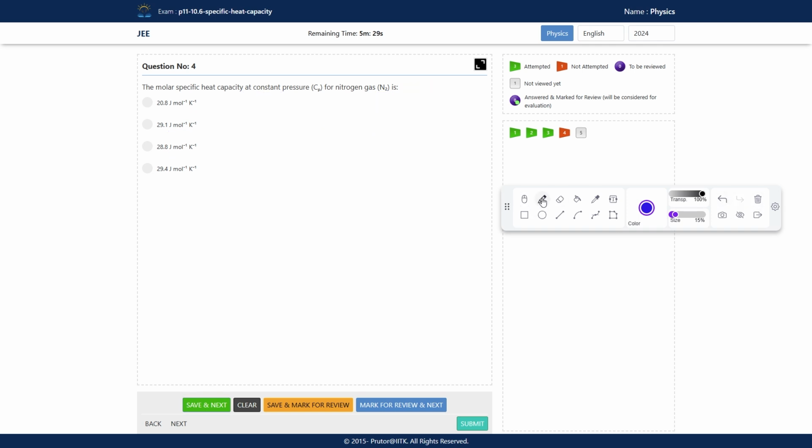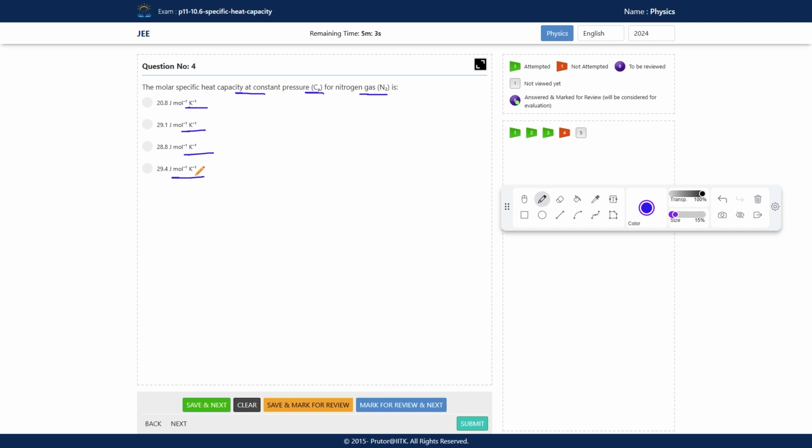Next question: the molar specific heat capacity at constant pressure Cp for nitrogen gas N2 is what? Option A, 20.8 joule per mole per Kelvin. Option B, 29.1 joule per mole per Kelvin. Option C, 28.8 joule per mole per Kelvin, and last one, 29.4 joule per mole per Kelvin.